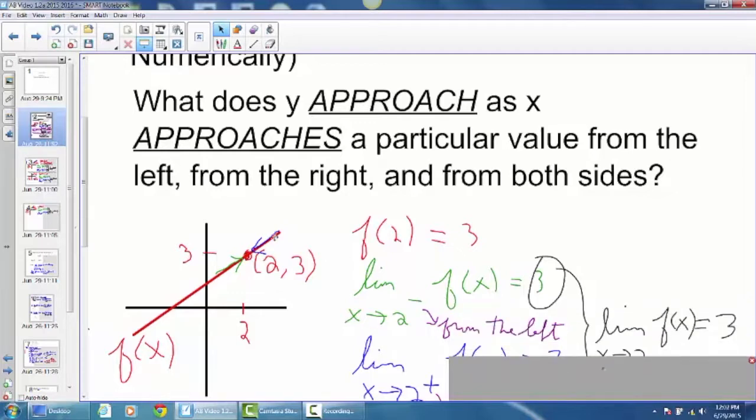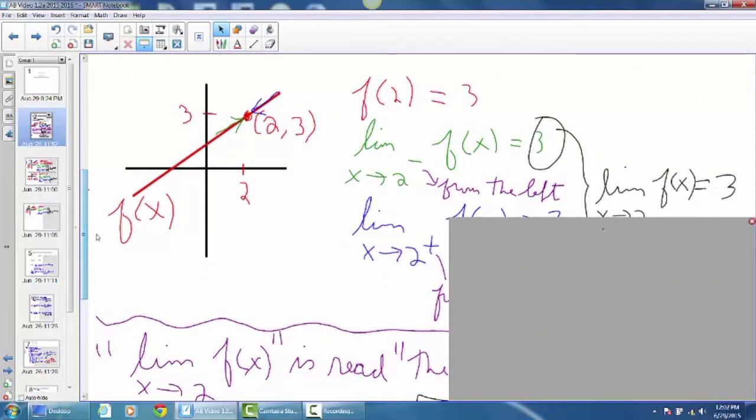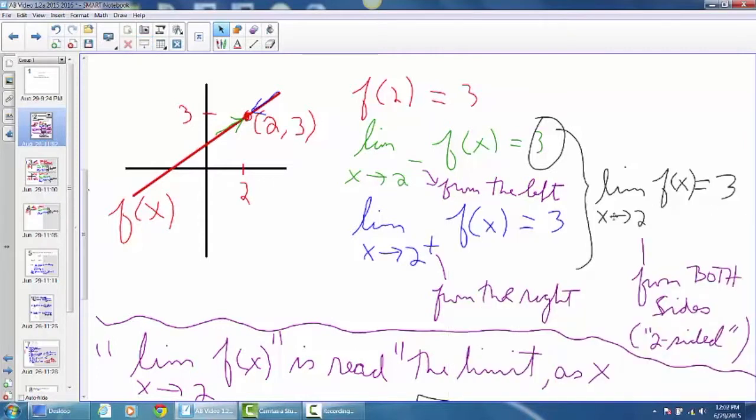As you can see, we represent approaching 2 from the left with a minus sign, and we represent approaching 2 from the right with a plus sign, the little plus sign in the exponent location.